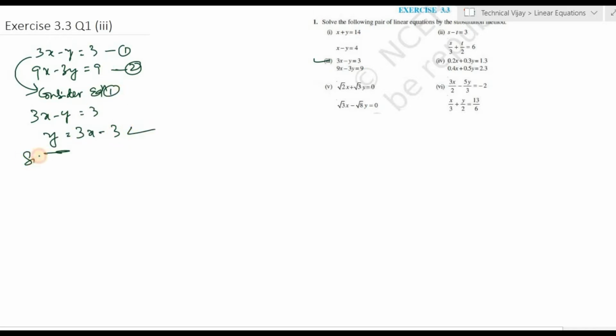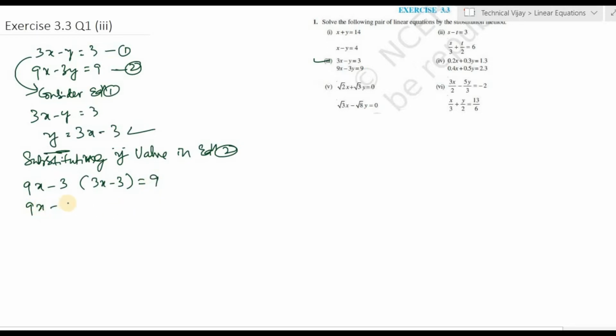So substituting y value in equation 2, you have to write like this only in the examination. Equation 2 will be 9x minus 3 into y. Y means 3x minus 3, is equal to 9. So 9x minus 9x, minus into minus plus, so 3 into 3, 9 is equal to 9. 9x minus 9x gets cancelled.